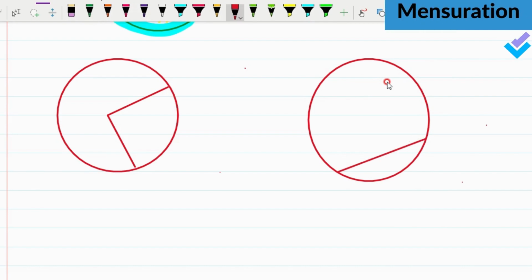Okay, so here you can see I have drawn some shapes, right? Just assume this is a Pac-Man and this is a pizza slice, right?